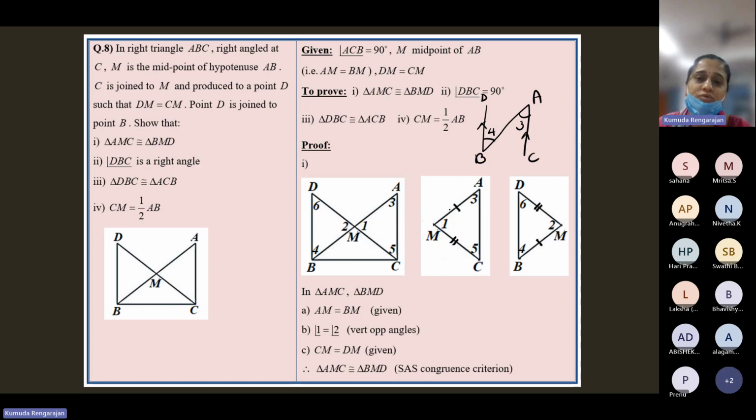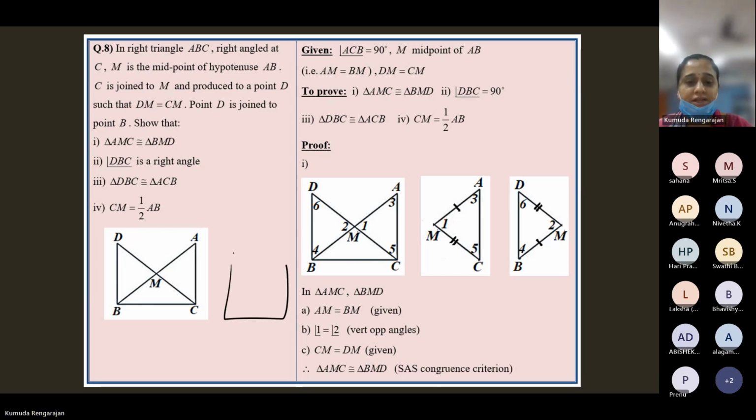So like this also you can prove that the lines are parallel. You can make use of angle 6 and 5. 6 is equal to 5, CPCT, but they form a pair of alternate interior angles, so the lines are parallel. Or you can make use of 4 and 3. So you need to prove that DB is parallel to AC.